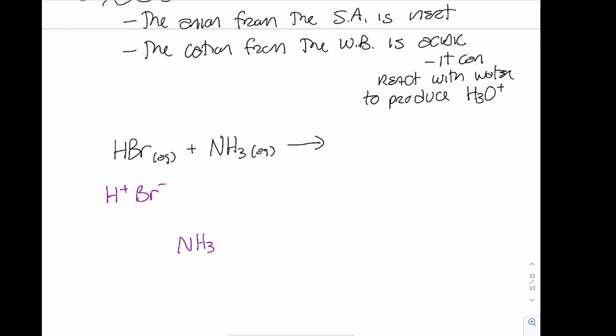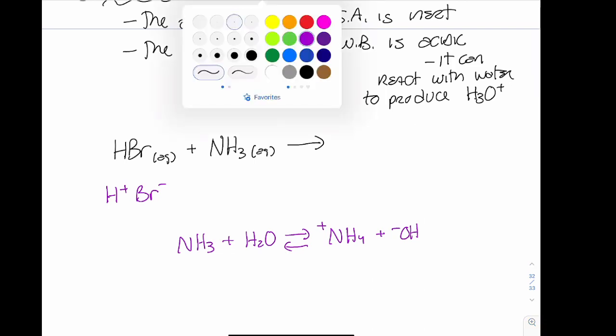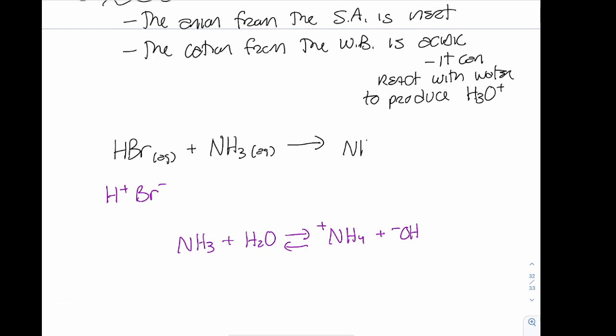And then just looking at this base a little bit more, my base in water, it's a weak base. It is going to accept a proton to form ammonium ions and then hydroxide ions, but then it can go back in the opposite direction. So I am producing ammonium ions, and then I also have bromine.